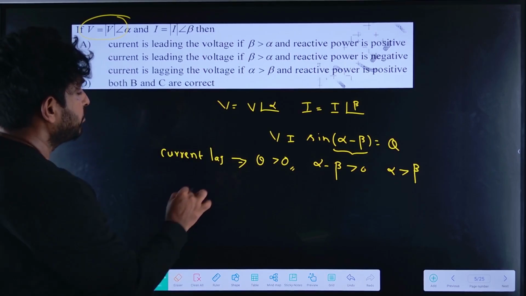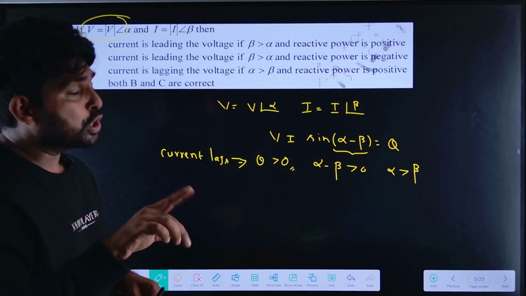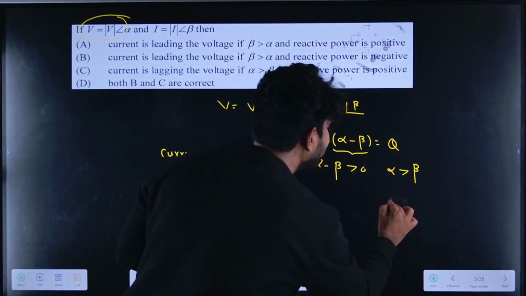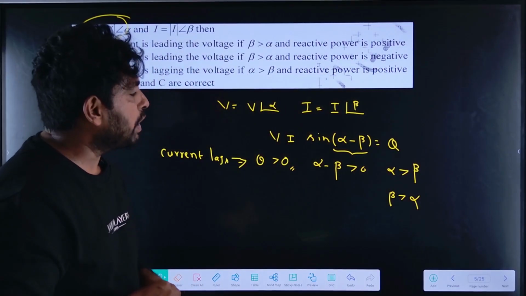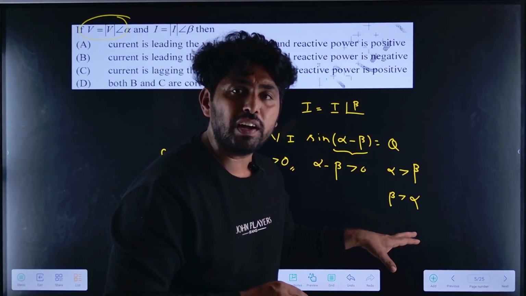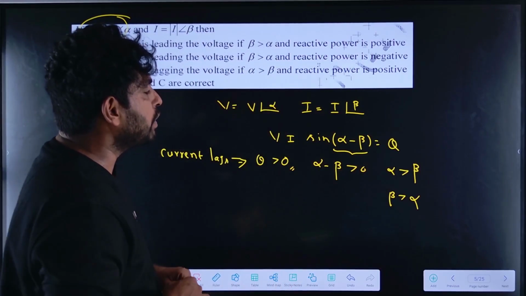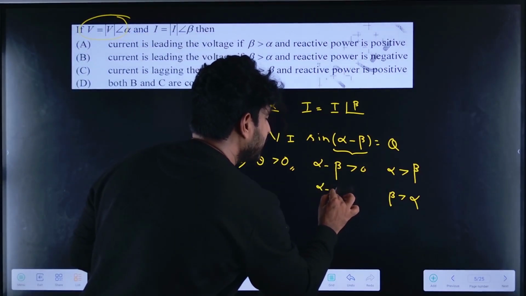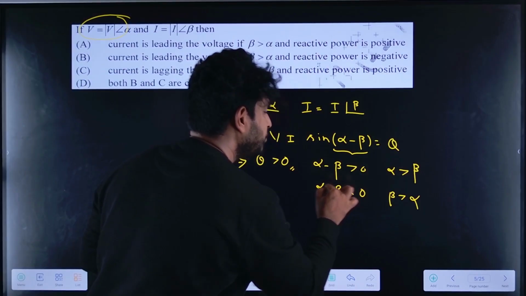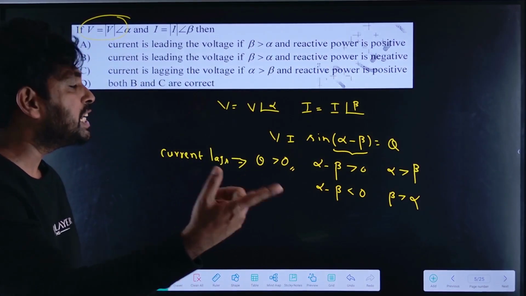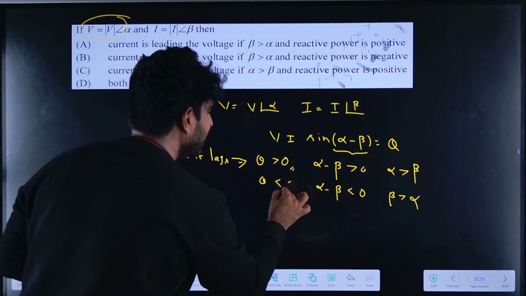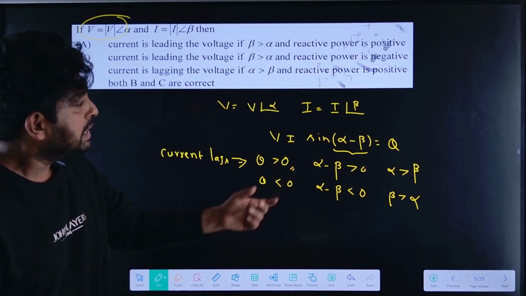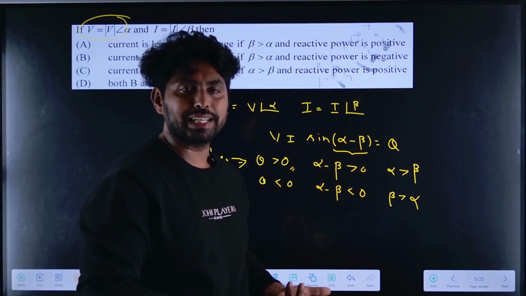Current lags, right? On the second condition, when beta is greater than alpha, alpha minus beta is less than 0, and the reactive power is negative because sine of minus theta equals minus sine theta.